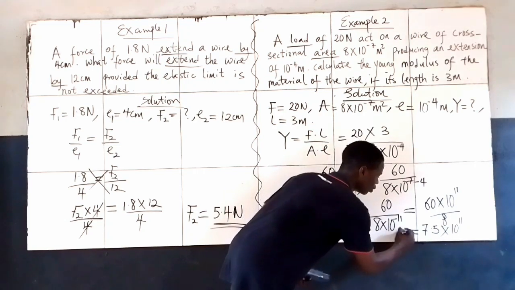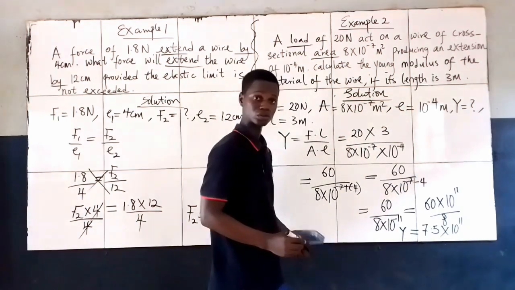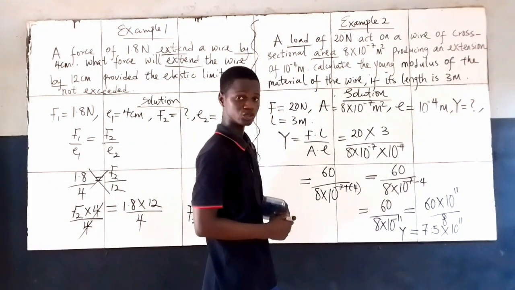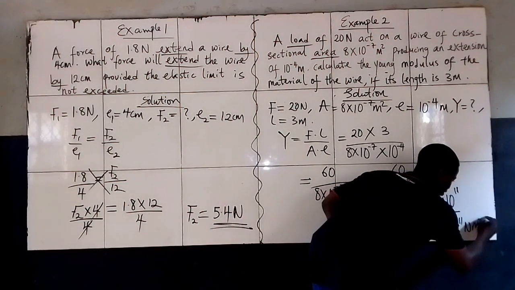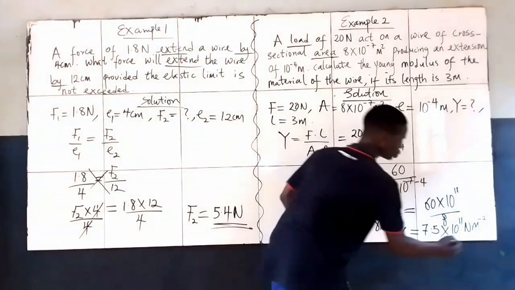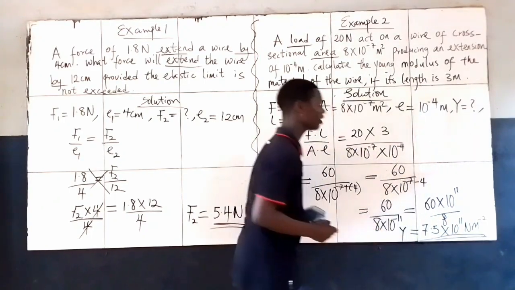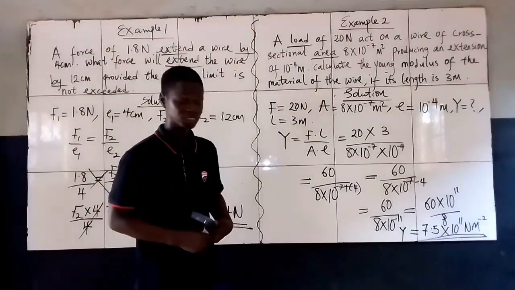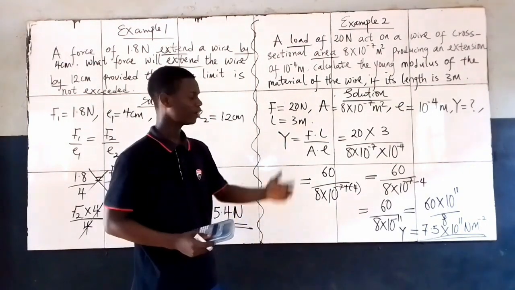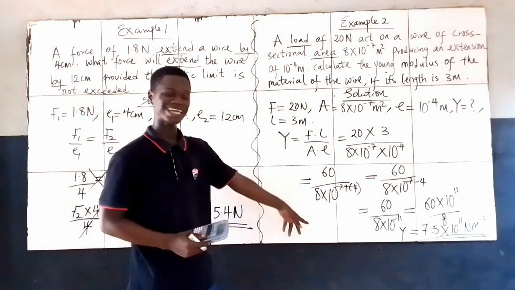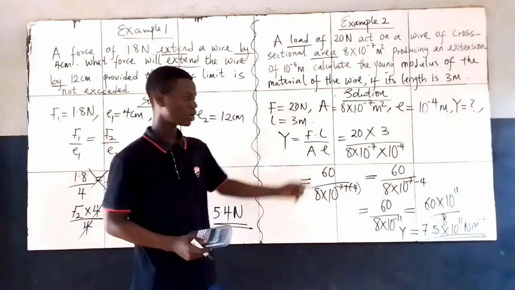Now, what is the unit for Young modulus? Newton meter raised to power minus 2. So 7.5 times 10 raised to power 11 Newton meter raised to power minus 2 is the answer to this question.